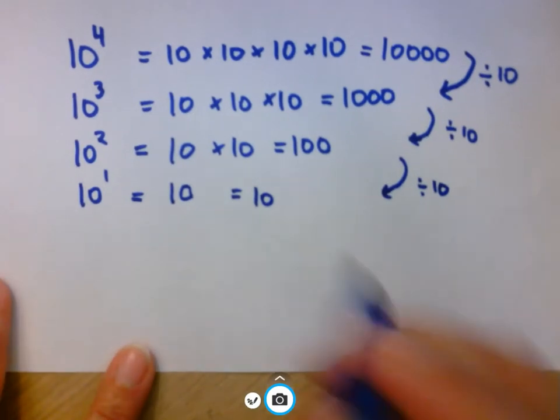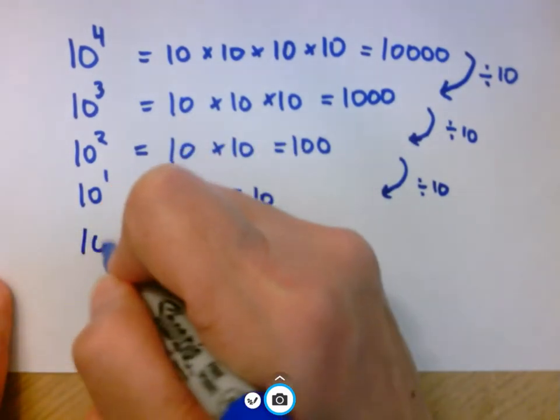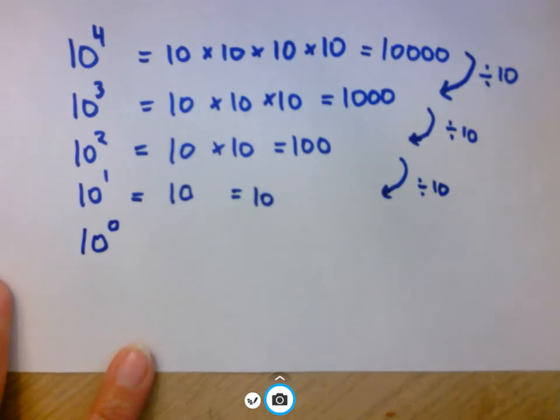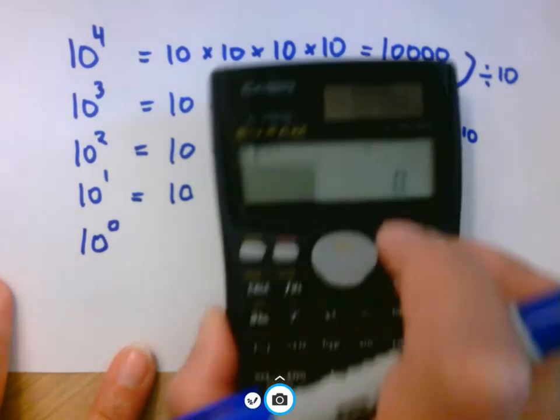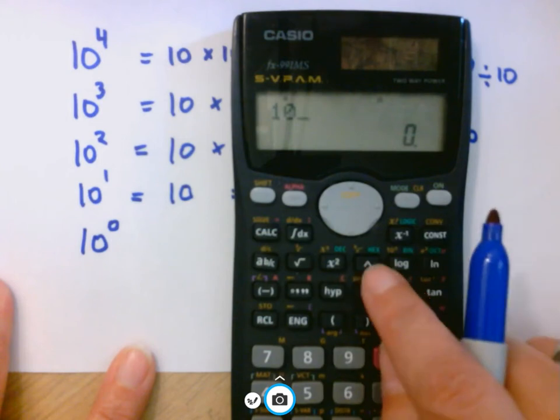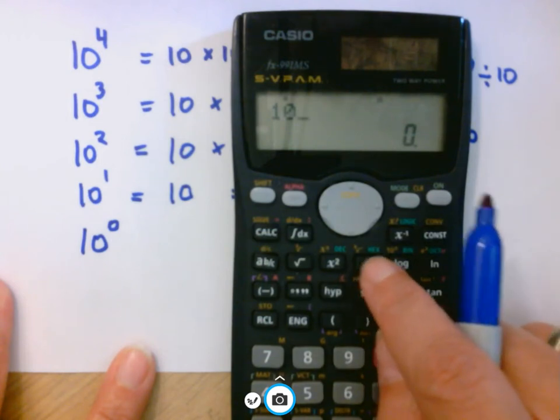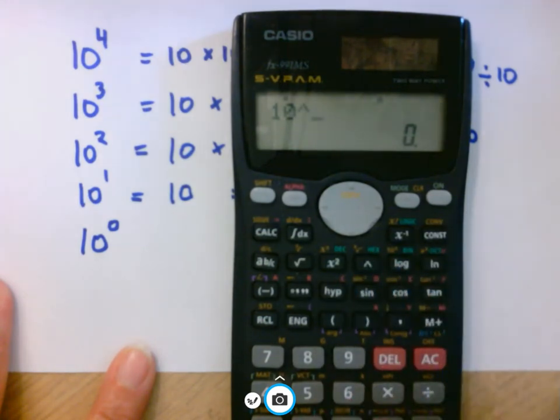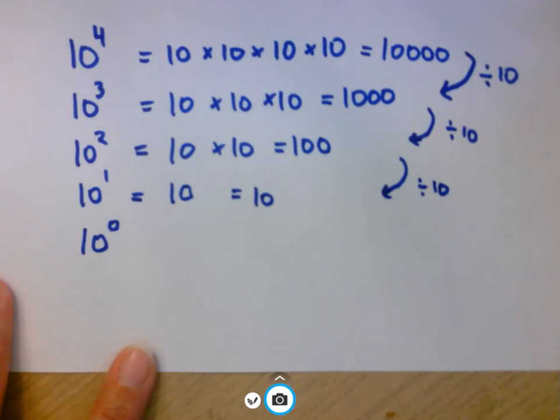This brings us to a new concept that we haven't seen before. What is 10 to the exponent 0? We haven't seen exponent 0 before. If I take my calculator and press 10, then my exponent button, which on my calculator is the little caret, and put a 0 and hit enter, I get 1. 10 to the exponent 0 is 1.